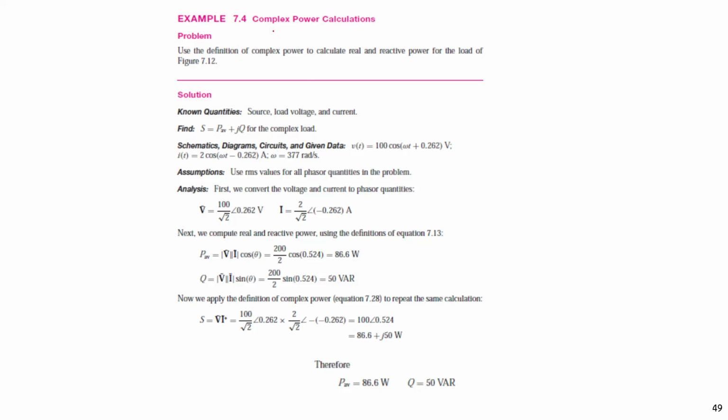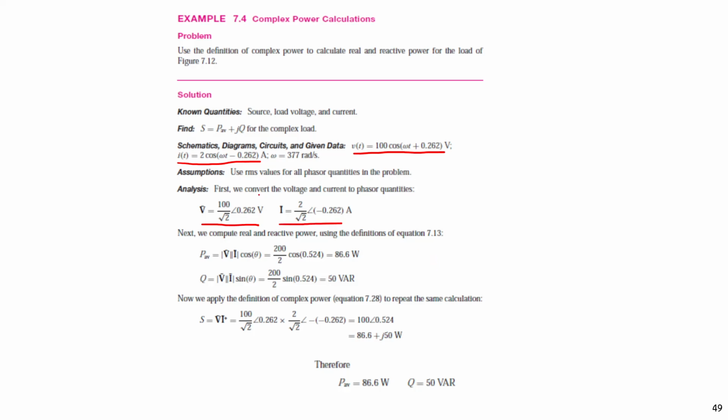Okay, this example is for complex power calculation. To find S equal to P plus jQ, if the voltage is this value and the current is this value. The voltage is represented in terms of phasor, right? And the current also in terms of phasor.